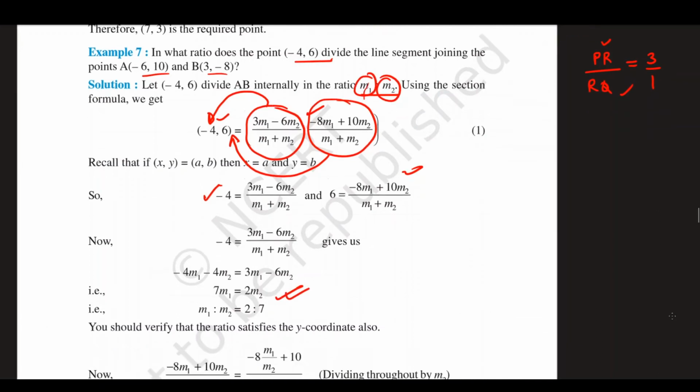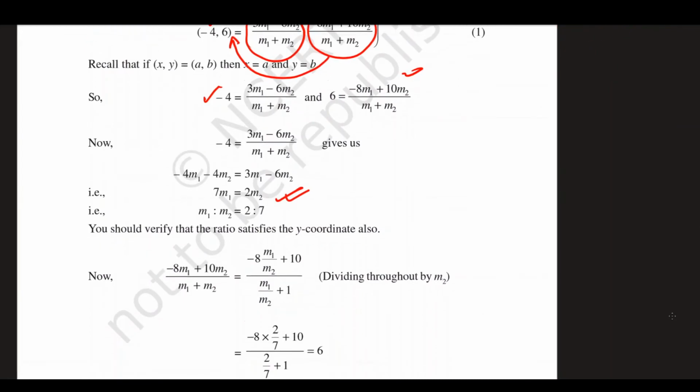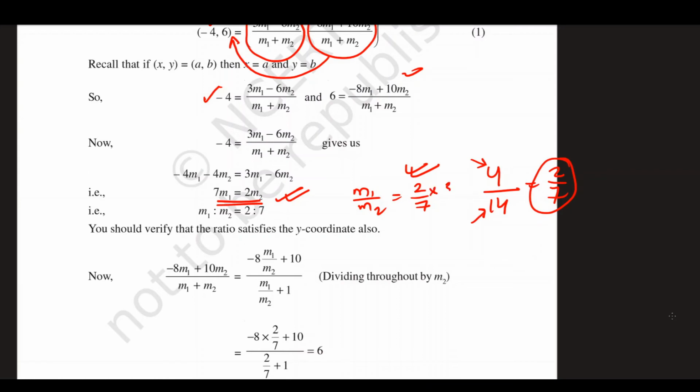Just solve for them. Here you have got m1 upon m2 is 2 by 7. m1 can be 4 and m2 can be 14, but their ratio is still 2 by 7. So you are looking only for the ratio 2 by 7 and not particularly m1 and m2. If we multiply above and below by 3, the ratio would still be 2 by 7. This is the whole point.